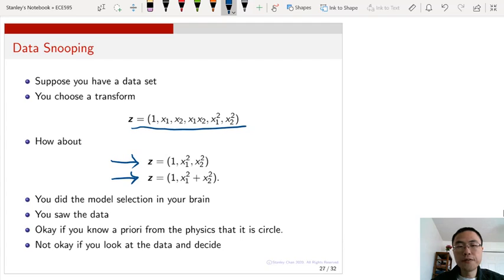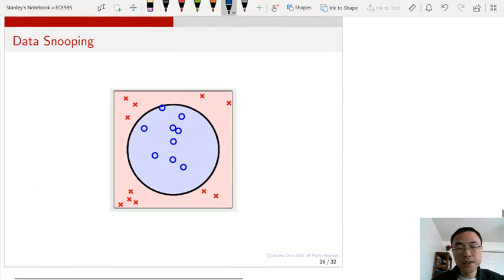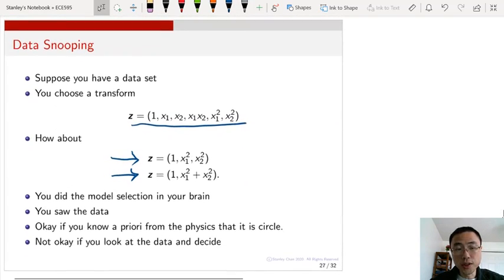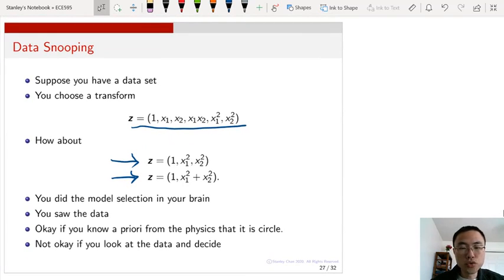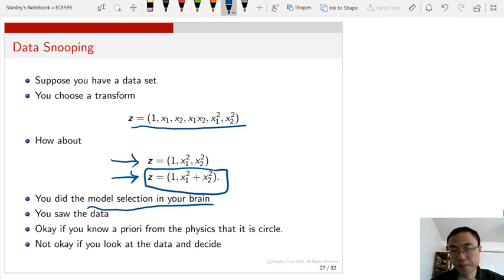Now, if you see this data set, then certainly you will not choose this transform or this transform. Actually, you will choose this transform because you see the data set and you know that this is like a circle. And so once you pick this equation, you are doing a model selection mentally in your brain because you have seen the data set.